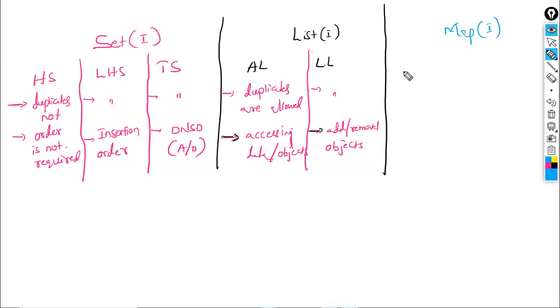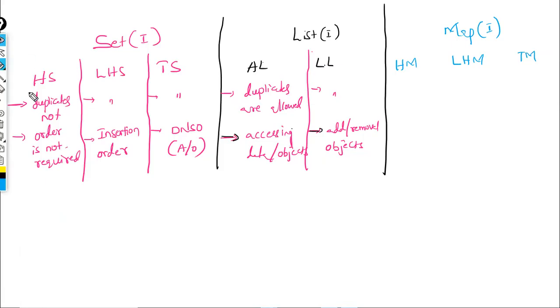The implemented classes of this Map interface: HashMap, LinkedHashMap, and then TreeMap. When should we go for HashMap? We discussed, correct? Yesterday we concluded with these points. So HashMap, when should we go for HashMap?